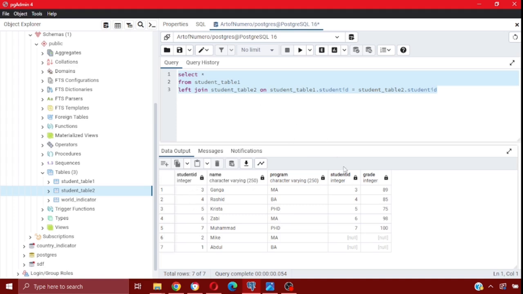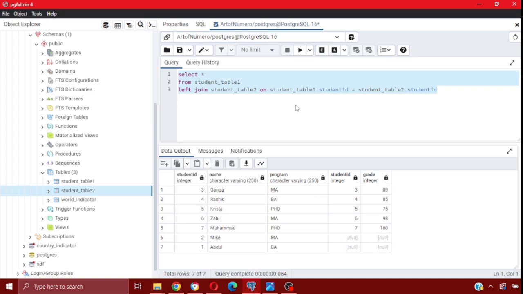Table two, which contains these two columns, ID and grade, was combined with table one, except that it lost those records, rows that did not have matching values with the primary key in table one. So those records were not combined.